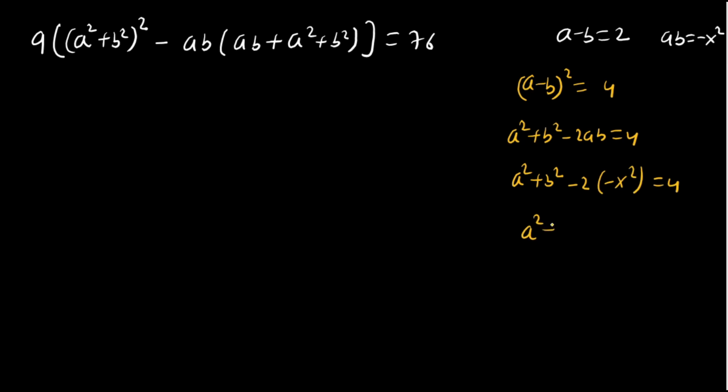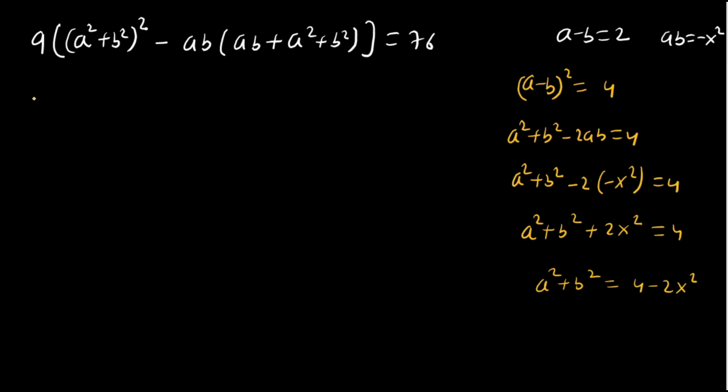Then a square plus b square minus 2 multiplied by minus x square, then we get 2x square, and this is equal to 4. Then a square plus b square is equal to 4 minus 2x square.